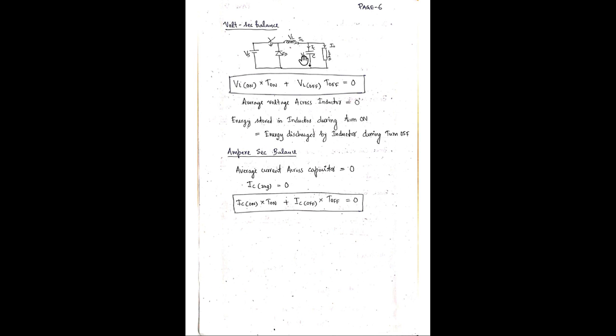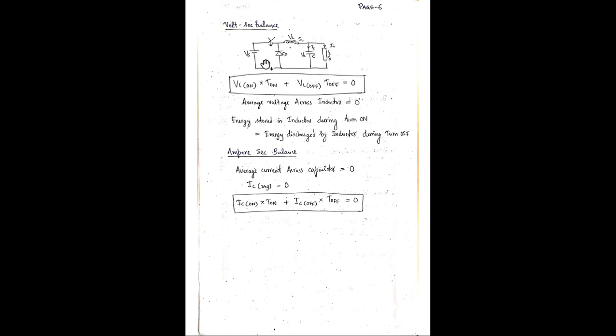VL on means inductor voltage during turn on, plus inductor voltage during turn off into T off, which is equal to 0. VL on into T on plus VL off into T off is equal to 0. What does it signify? Average voltage across the inductor will be equal to 0.